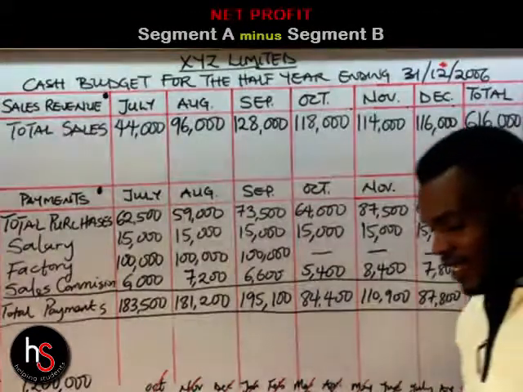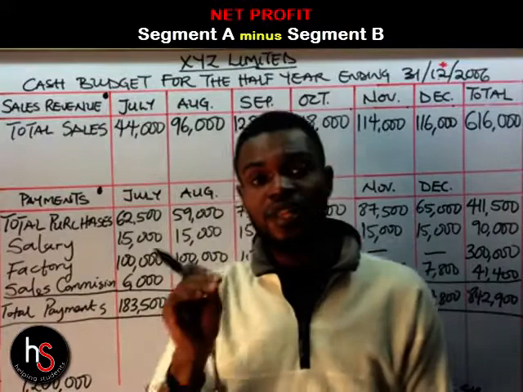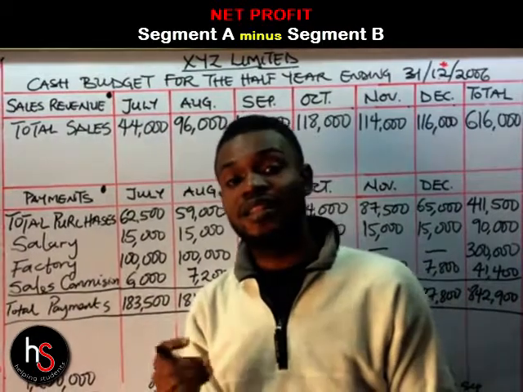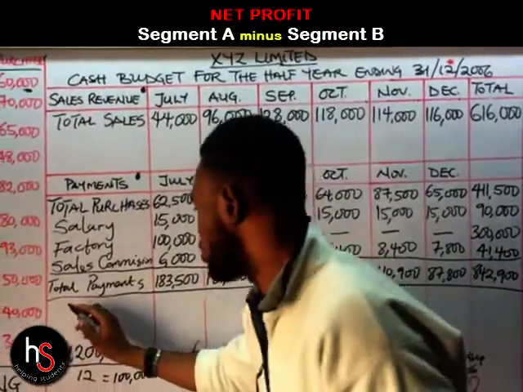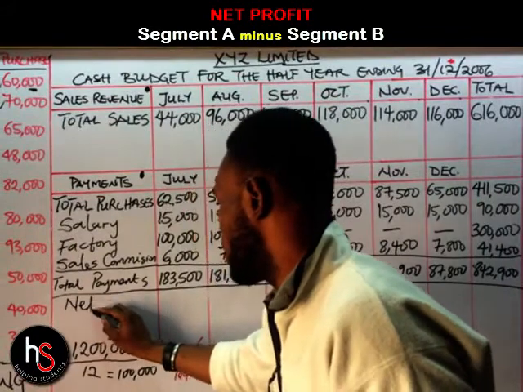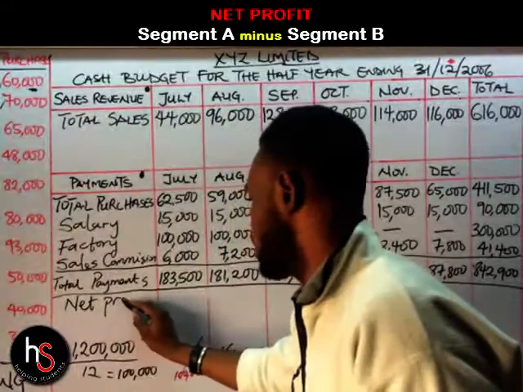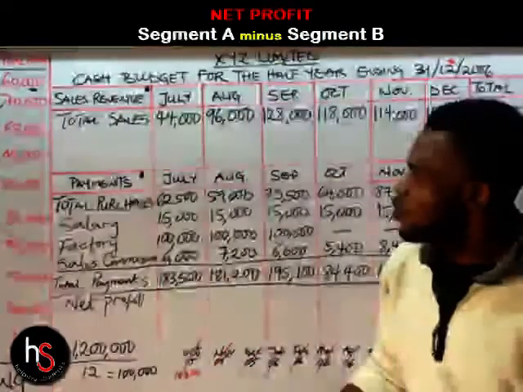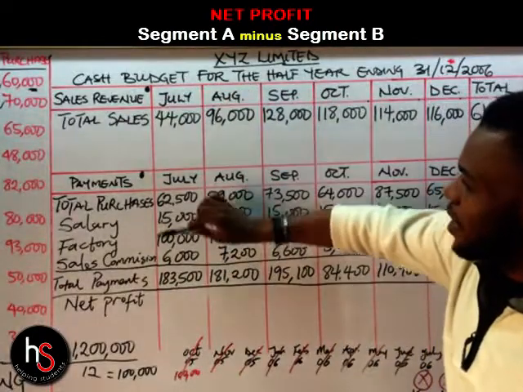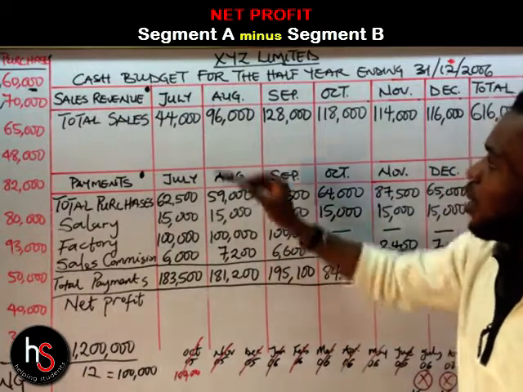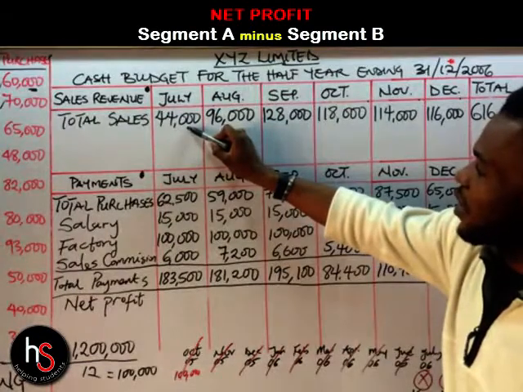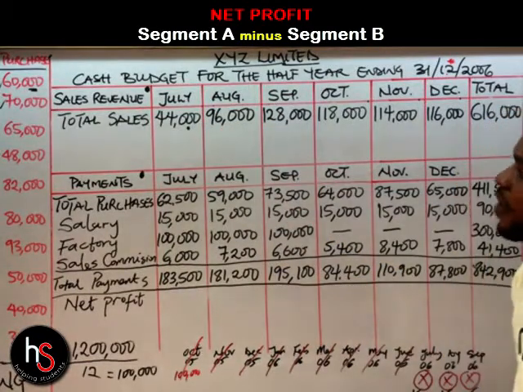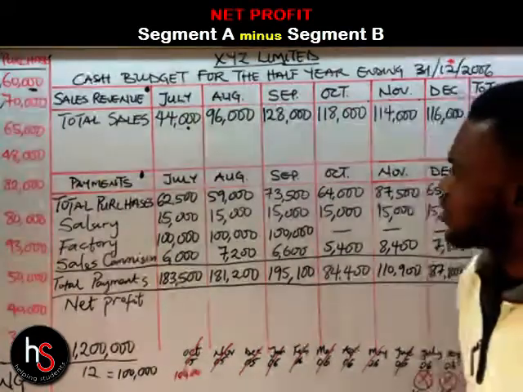Okay? Now, the next thing we are going to consider here is the net profits. Now, how do we determine our net profits? We say segment A minus segment B. So this is the total we have here, which is 44,000.